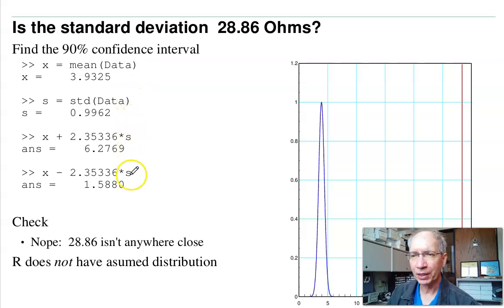I go left and right, 2.35 standard deviations, between 1.58 and 6.2. The number that it should be, 28, is way, way, way far away. That again tells me that the standard deviation is not 28.8. This is not a uniform distribution.